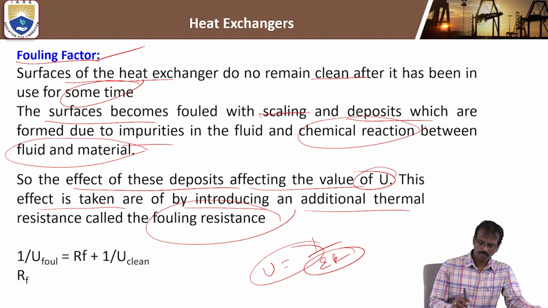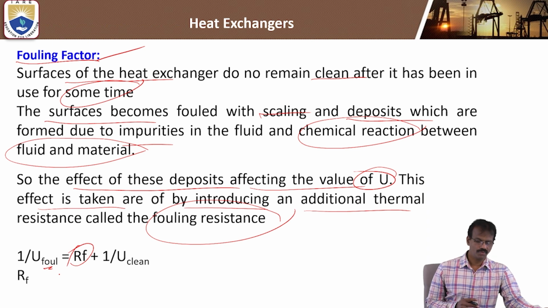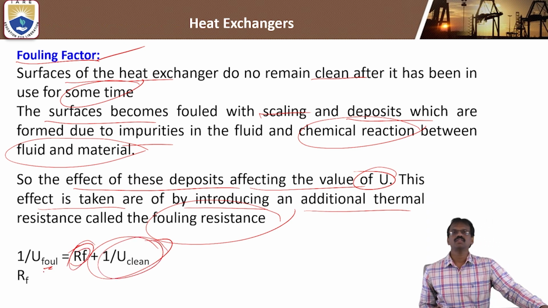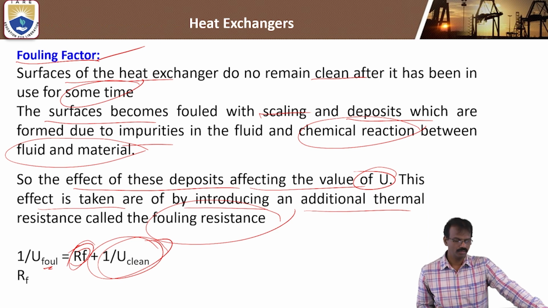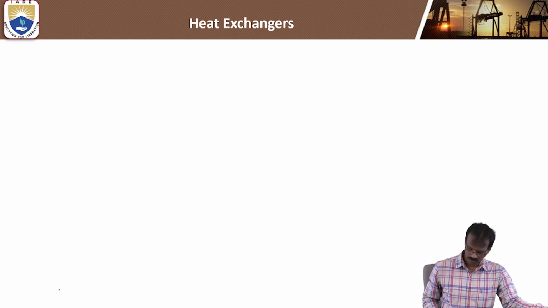Then the formula will be like this: 1 by U foul, the overall heat transfer coefficient with respect to fouling, is equal to RF, the fouling factor, the resistance of the fouling, plus 1 by U clean. So for the U clean, you have to add the thermal resistance to that surface also. RF is nothing but the fouling resistance.